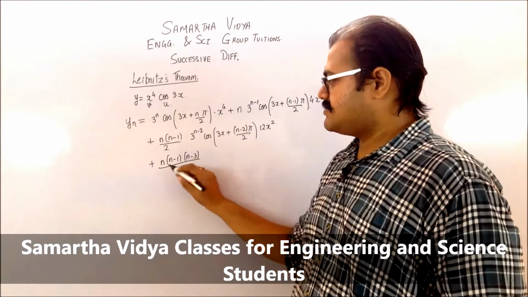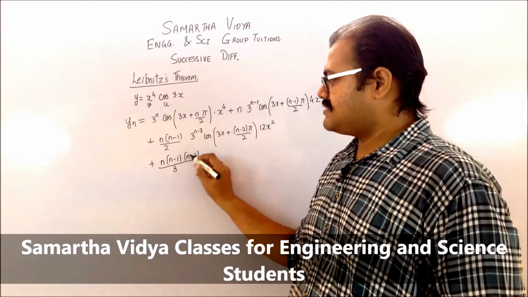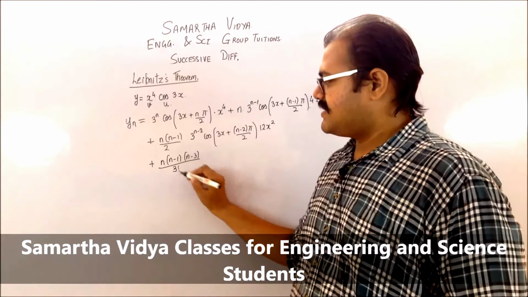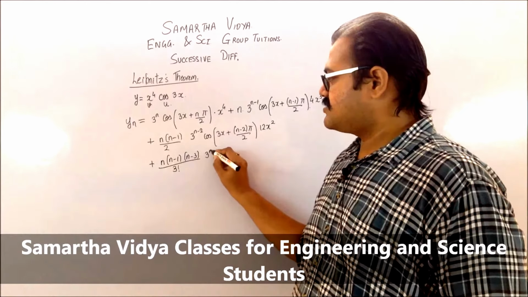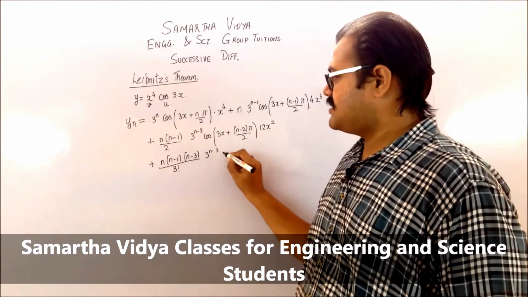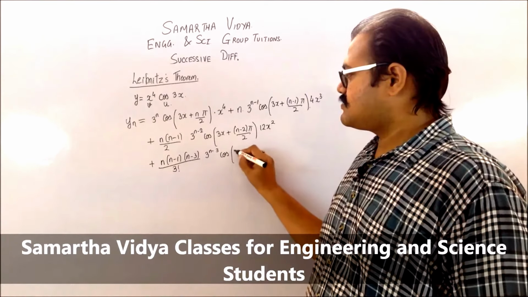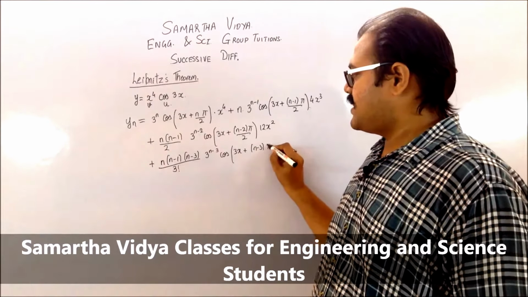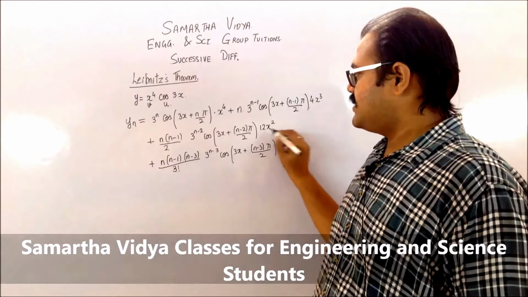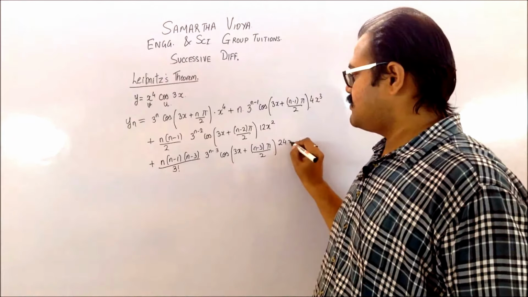So going on to the next term, you are going to have this as n into (n minus 1) into (n minus 2) divided by 3 factorial into 3 raised to n minus 3 cos of (3x plus (n minus 3) pi by 2) into the next derivative, that is going to be 24x.